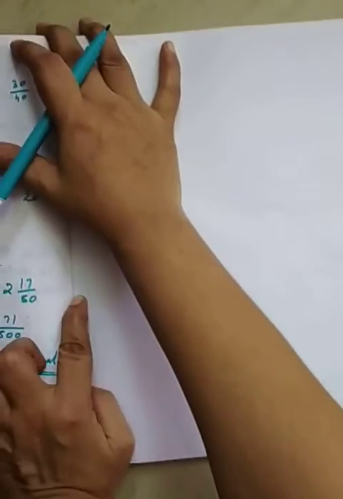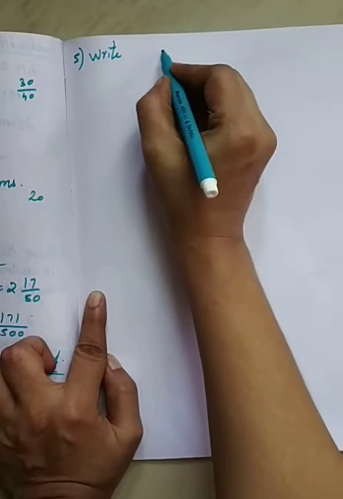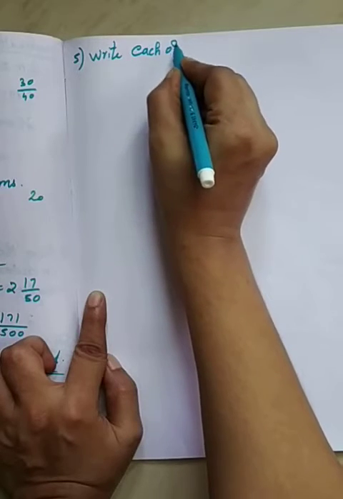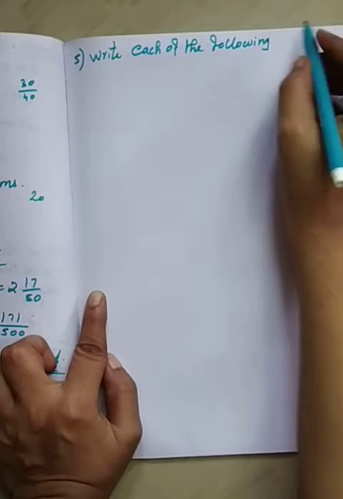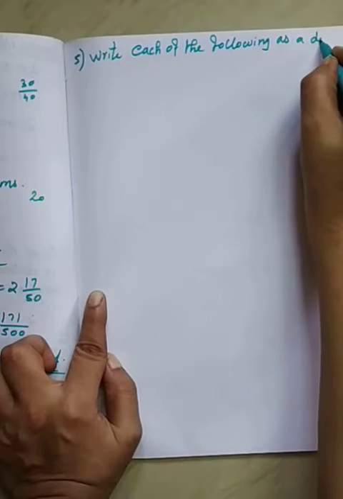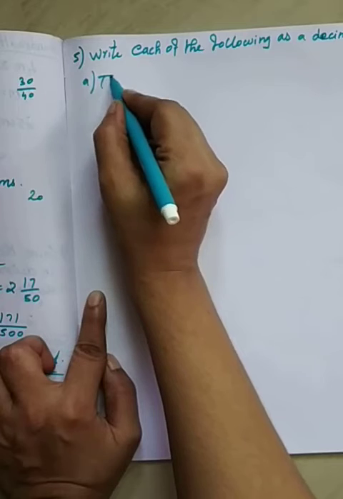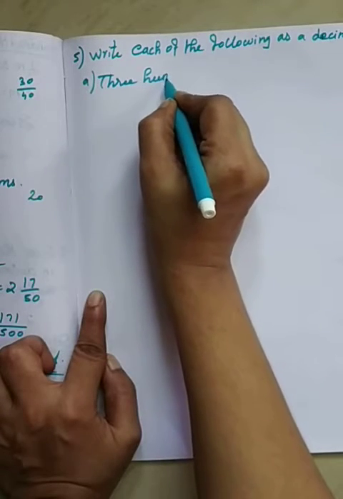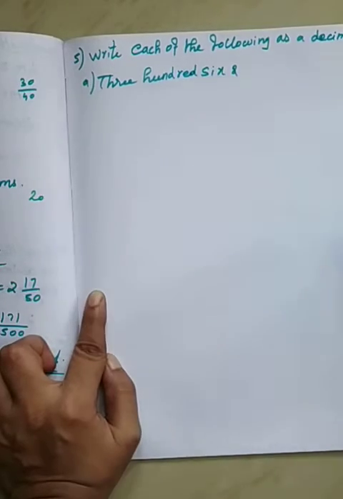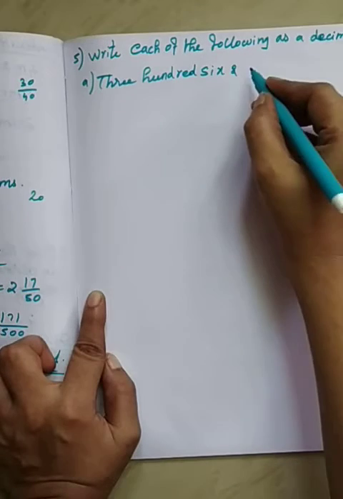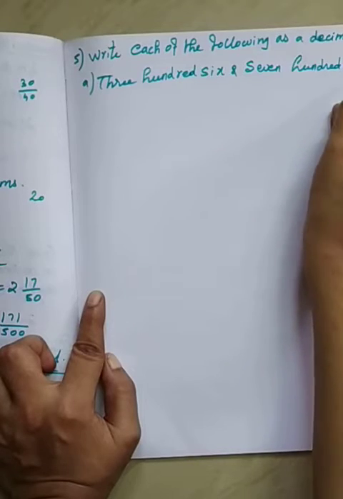See the next problem. Write each of the following as a decimal. See the first question: 306 and 7 hundredths.